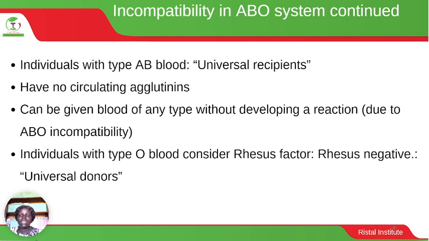When they have rhesus factor negative, it means that they do not have the rhesus D, and they will be able to donate to anyone. So whoever is group O rhesus negative will be considered a universal donor.